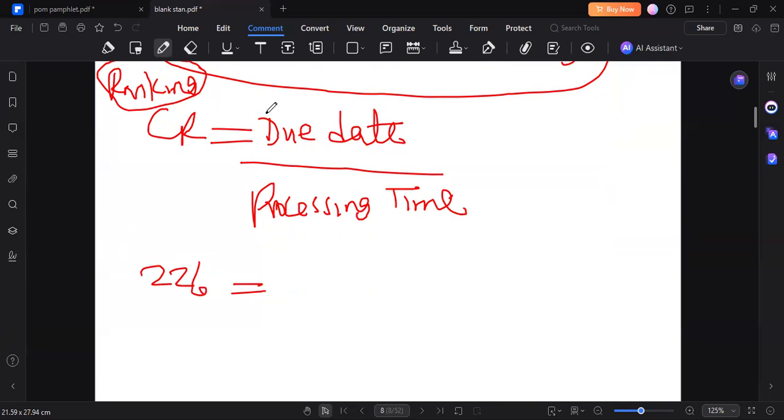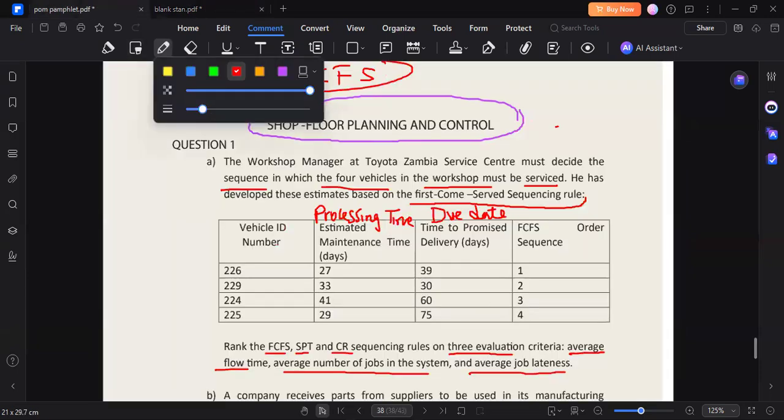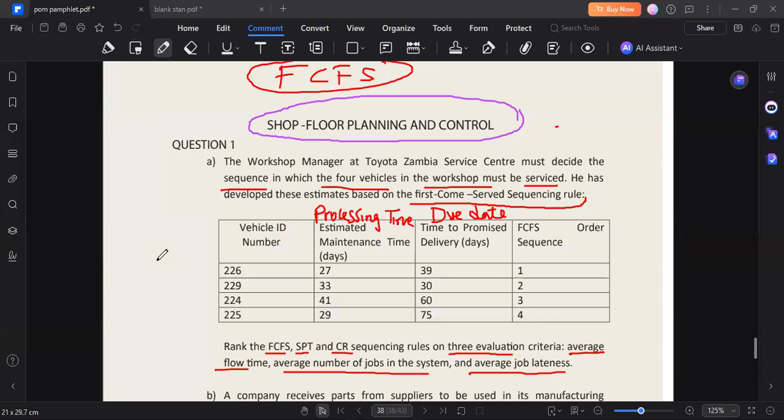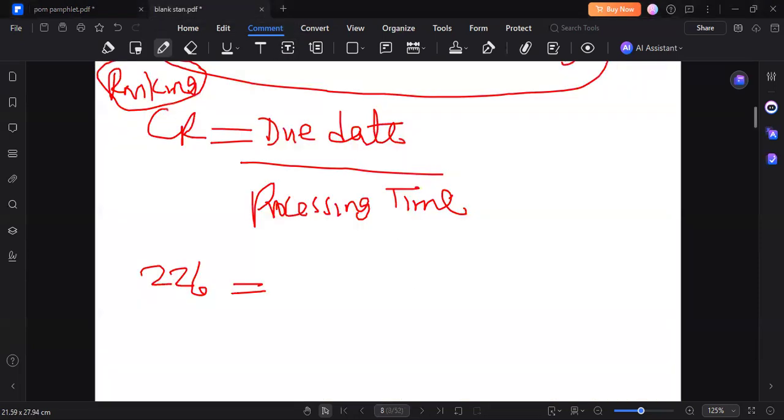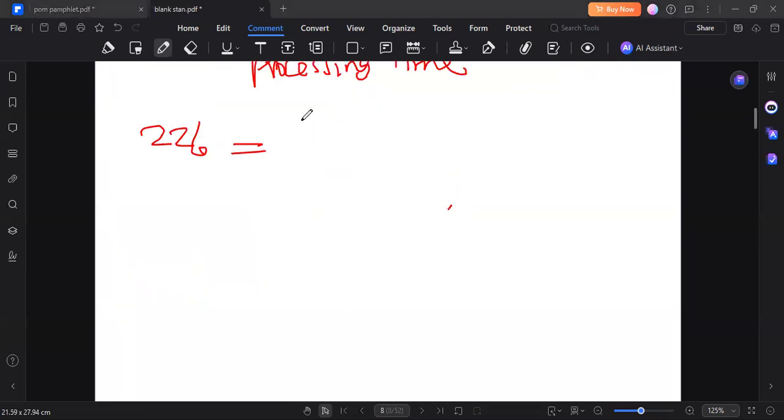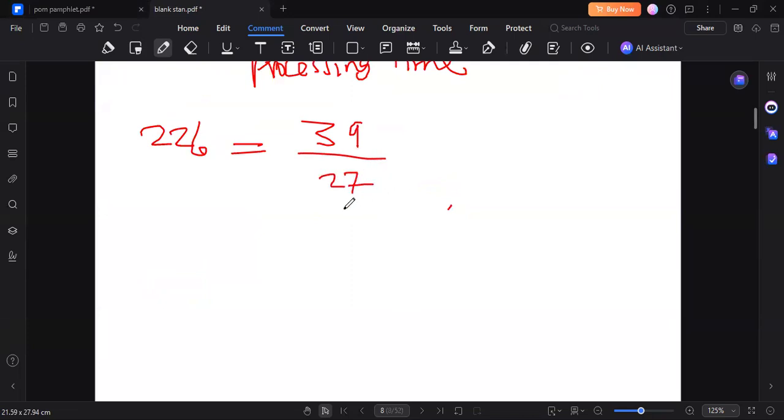So for 226, due date is 39 divided by 27. 229 is 30 divided by 33. 224 is 60 divided by 41. 225 is 75 divided by 29.